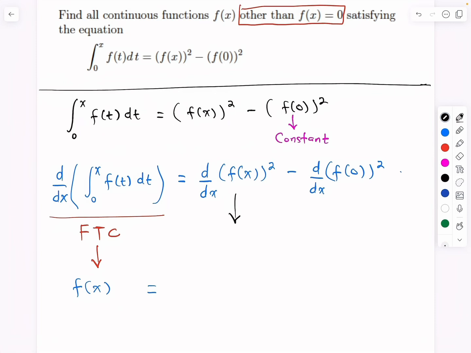So if we apply the chain rule to that, what are we going to get?